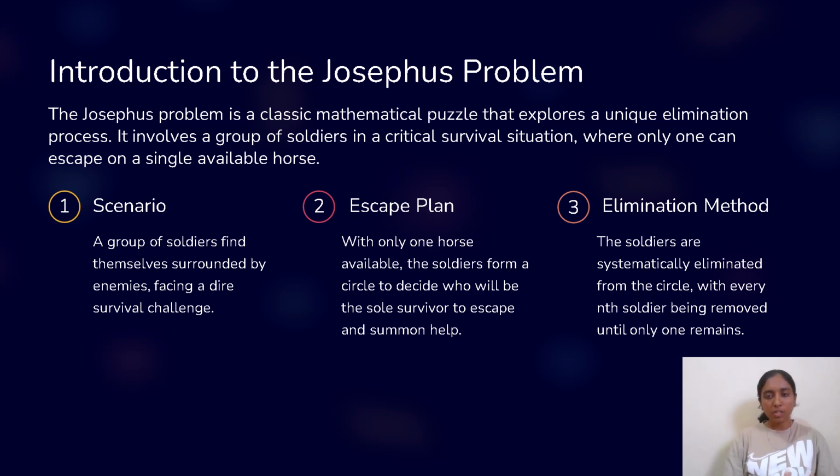To make the decision fair, they agree that every nth soldier will be eliminated in a loop until only one remains. This way, the survivor can take the horse and go for help. The scenario is what forms the base of the Josephus algorithm. The elimination method is that the soldiers are systematically eliminated from the circle, with every nth soldier being removed until only one remains, and the sole survivor escapes and brings help.